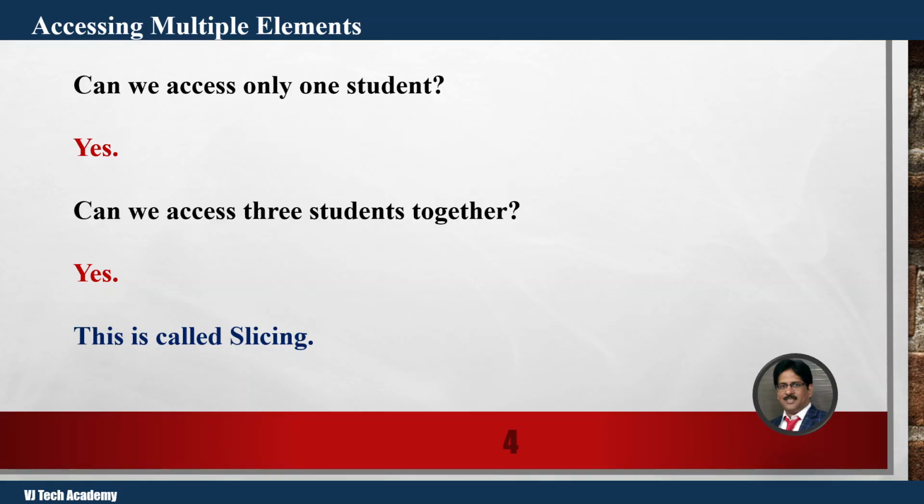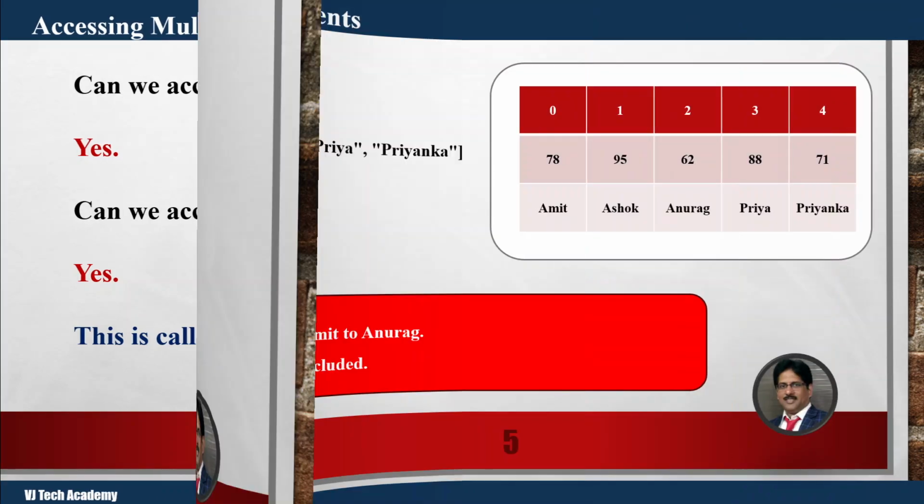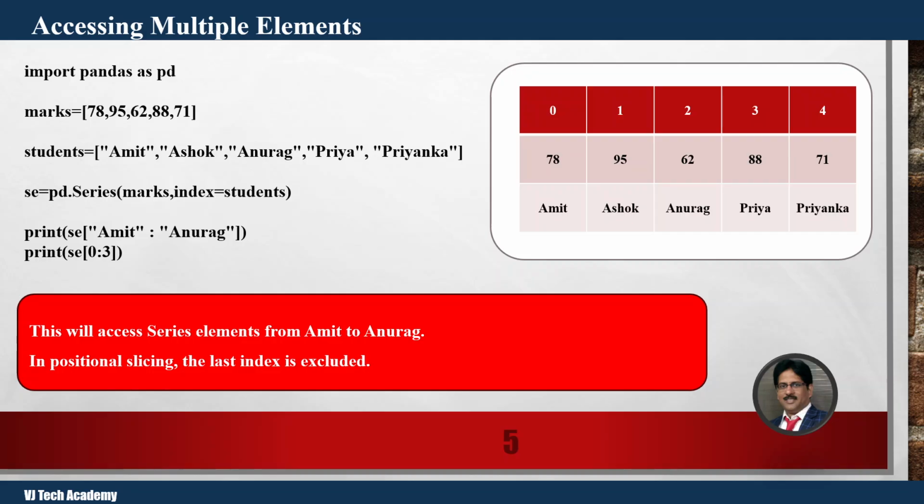And accessing multiple elements together is called slicing, which is very similar to what we discussed for lists in class 11th. So how do we access multiple elements from the series?